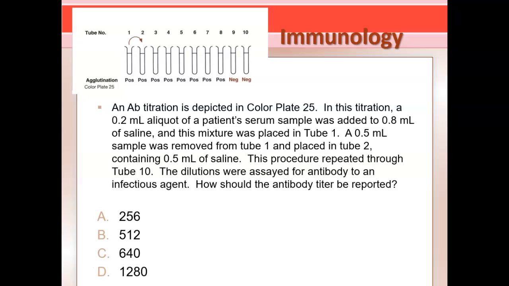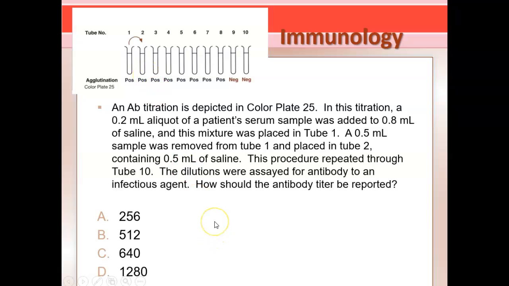So that would be 0.2 over 1, and I believe our dilution is 1/5. Okay, so our dilution is 1 to 5. Now, in tube 2, you took a half mil from tube 1 and placed it in tube 2, containing 0.5 mils of saline. They repeated this process through tube 10. So tubes 2, 3, 4, 5, 6, 7, 8, 9, and 10 have a 1 to 2 dilution.